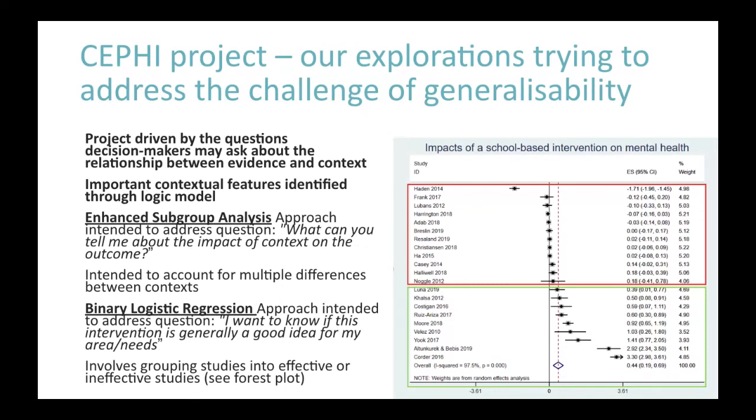The approach we used to address this question was binary logistic regression, and that involved grouping the studies into an effective or ineffective group. And you can see on the forest plot that there is a division between studies that did have an effective result in terms of improving children's mental health in this case, and those that didn't. Next slide, please.